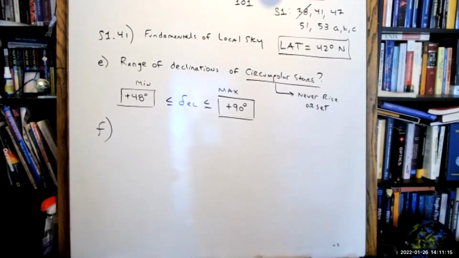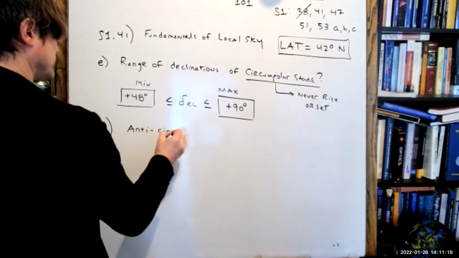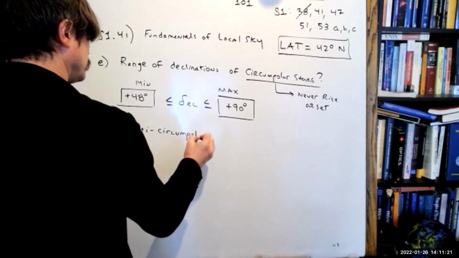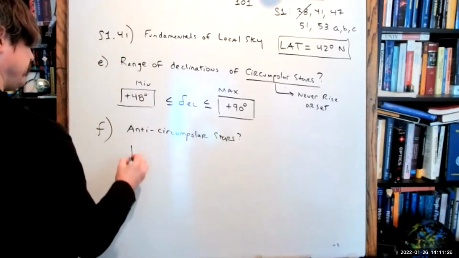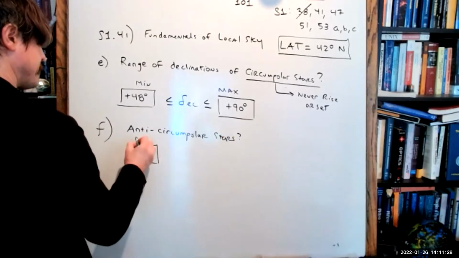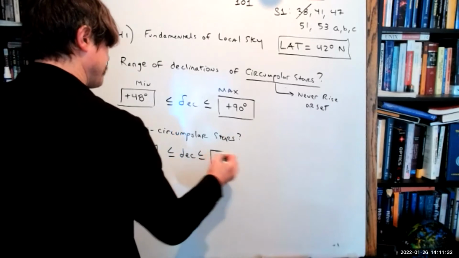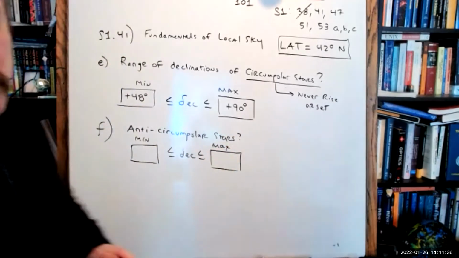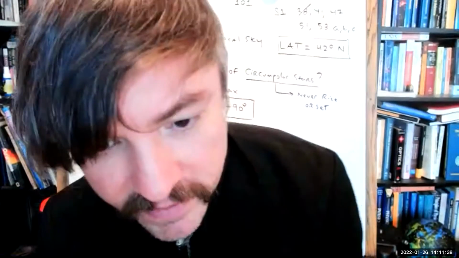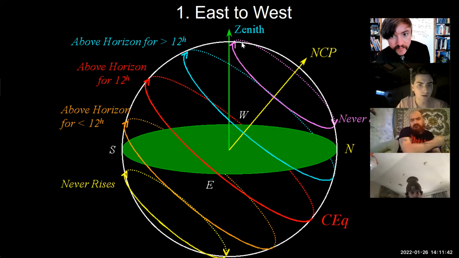What is the range of declinations for stars that you can never see in your sky? I call these anti-circumpolar stars. There are parts of the celestial sphere that a Rhode Islander never gets to see.